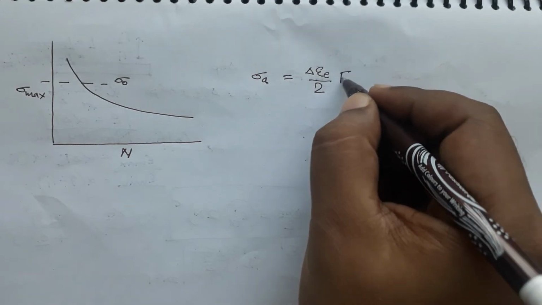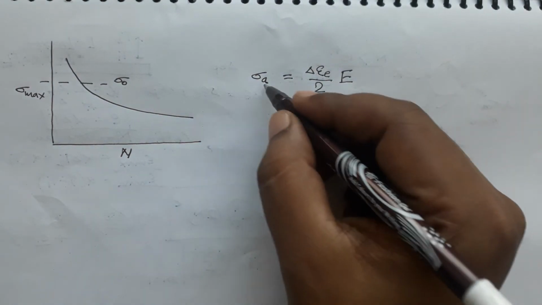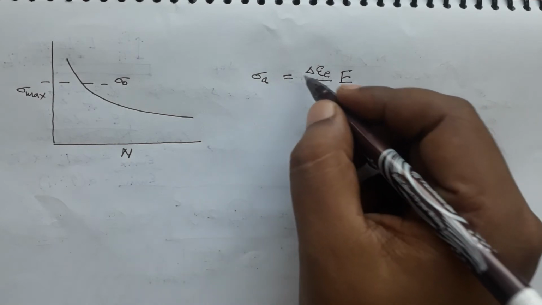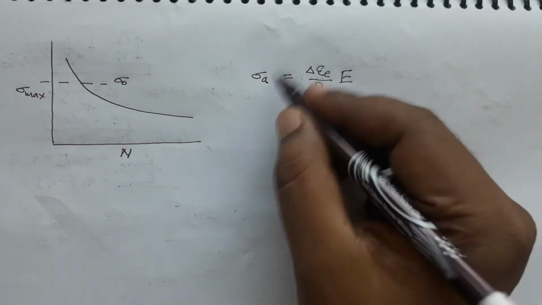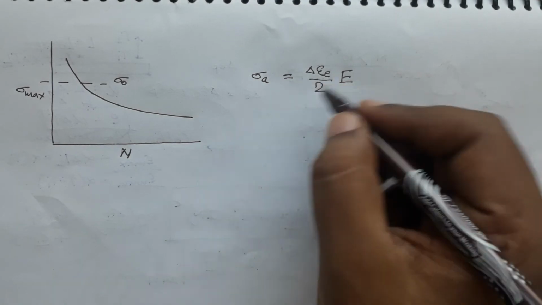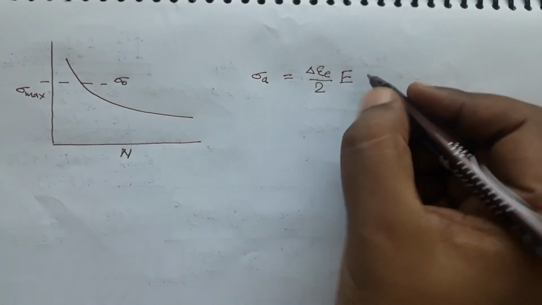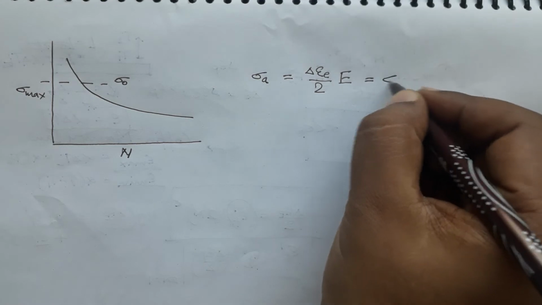So sigma A divided by E will be delta epsilon E by 2. This part of the equation should be very simple to understand.